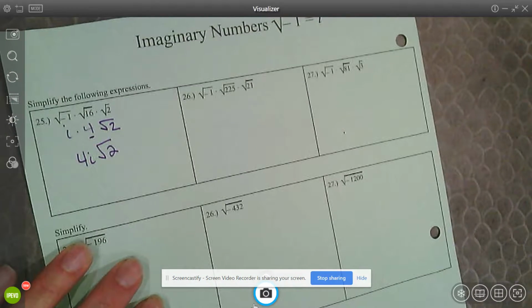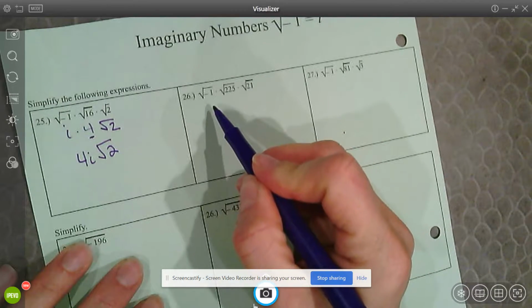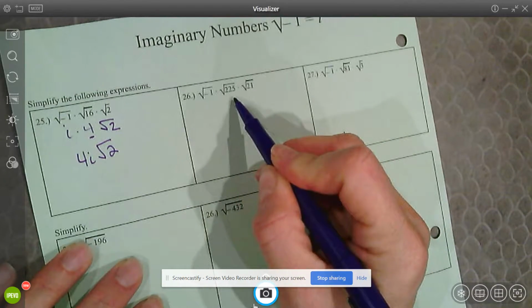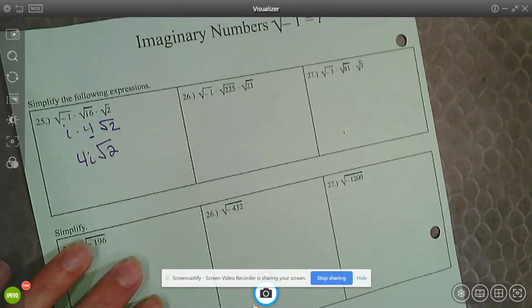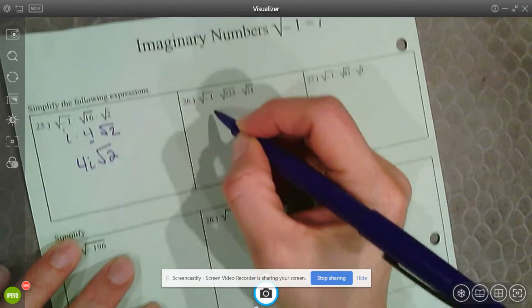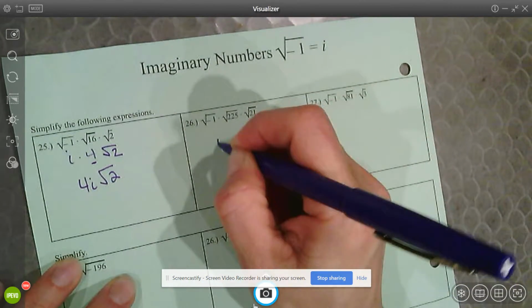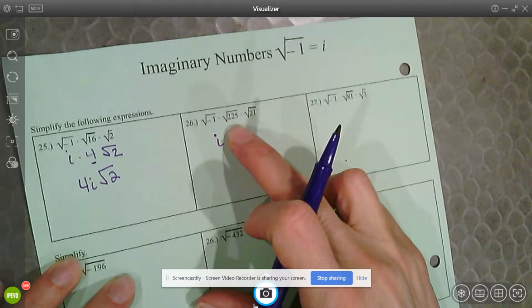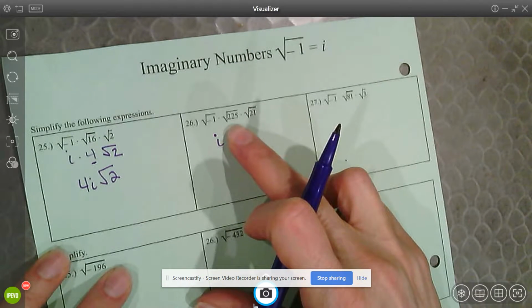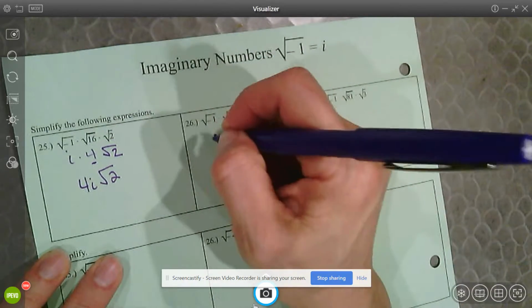I'm going to show you another example here. In this next problem, we also have a -1, square root of 225, and square root of 21. So I know that the square root of -1 is i. When I look on my bookmark, I see that the square root of 225 is plus and minus 15.